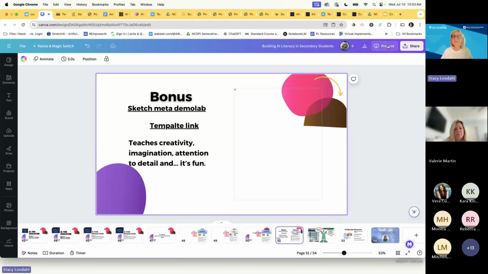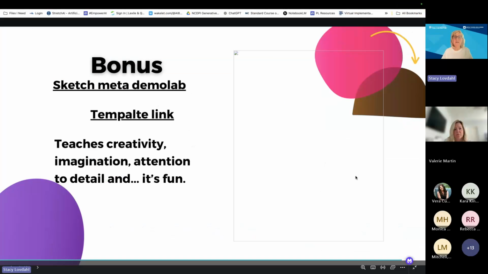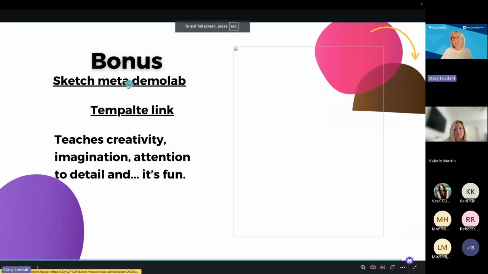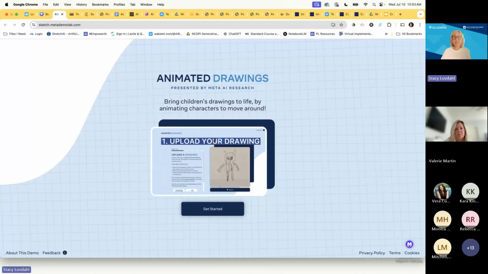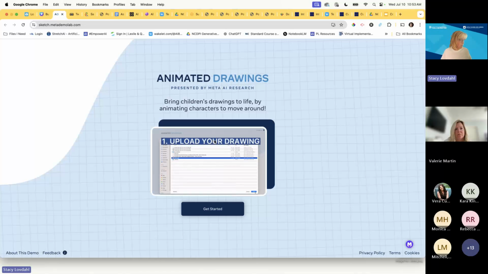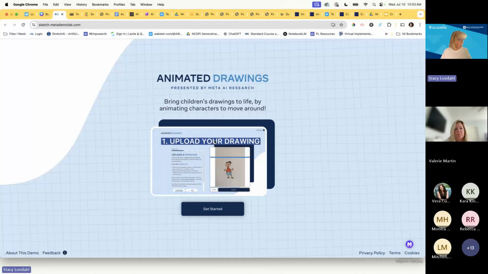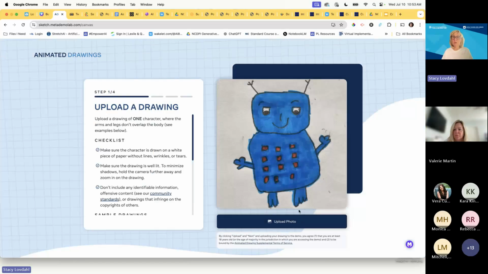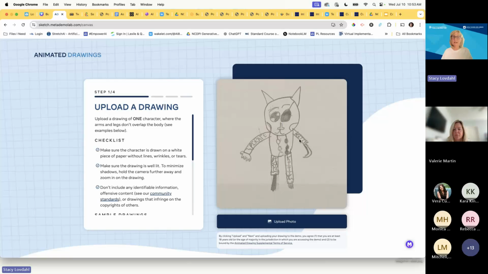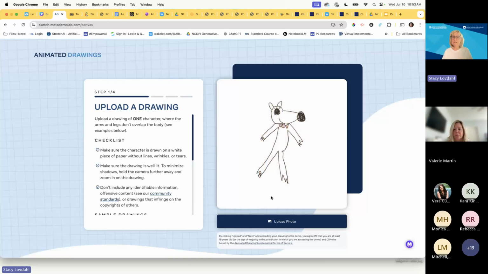This last one is going to be what I'm calling a bonus bite, and it is from Sketch Meta Demo Lab. And so the last thing I want to share with you is just this super cool thing that you can play with your students. It doesn't have anything really to do with AI literacy, but it's a fun site to play with where you can upload any drawing as long as it has arms and legs.